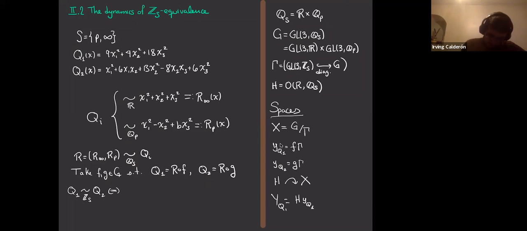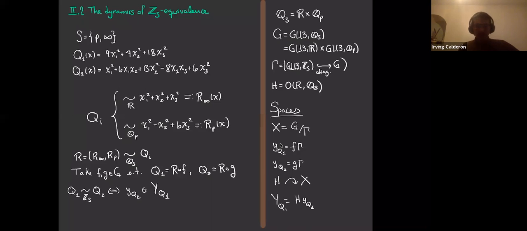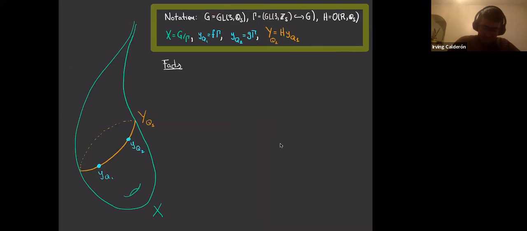So the Cs equivalence is the same thing as saying that yQ2 belongs to big YQ1. So the picture is almost the same as before. The only difference is that in my example, my orbit YQ1 will be compact always, because the quadratic forms were positive definite.